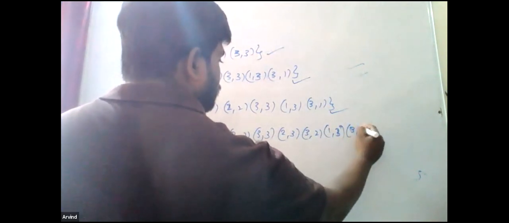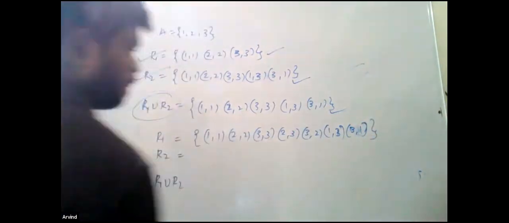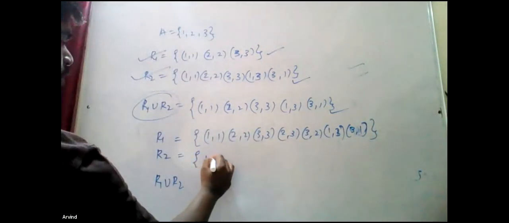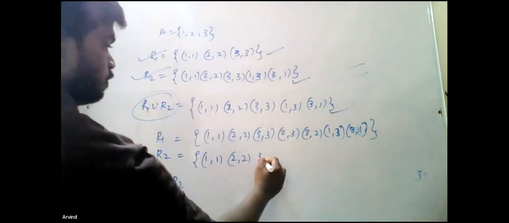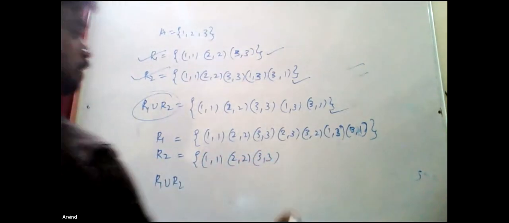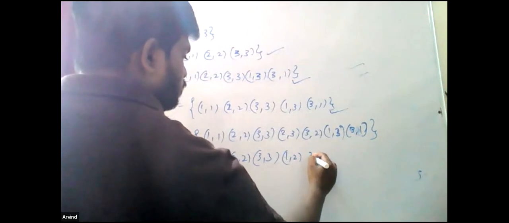Comma 3, 3,1. And another R2: 1,1, 2,2, 3,3, 2,2, 3,1.